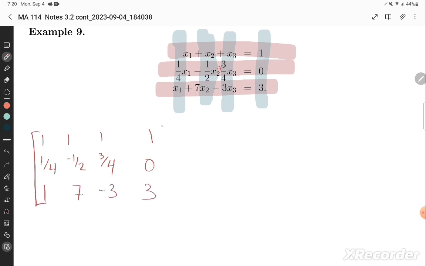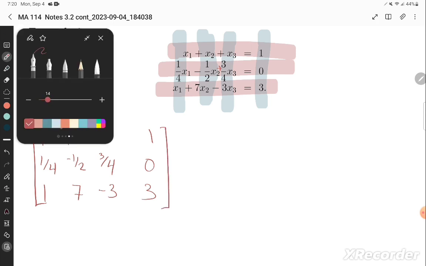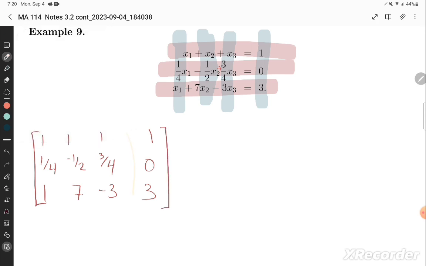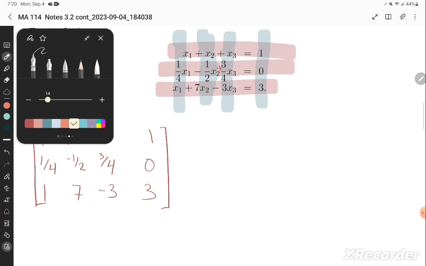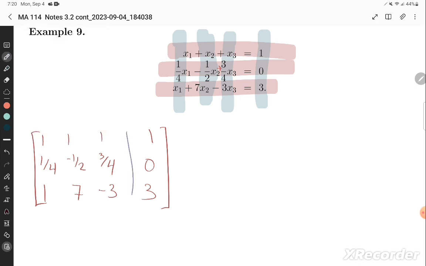This is my augmented matrix. Can you guys see that color? No, probably not. Let's see, I'm going to do this color. This is lavender. This is the other side of my augmented matrix, the other side of the equal sign. That bar represents kind of my equal sign here.